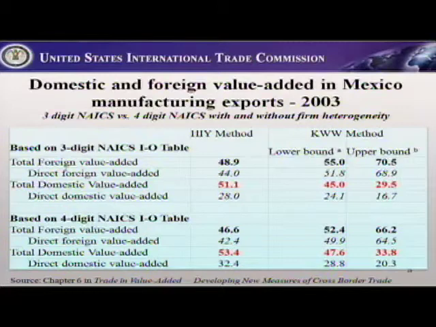However, you see the other one, we call the KWW method. Basically, I was an author with my boss, Bob Koopman, and Professor Shang-Jin Wei at Columbia University. We applied a similar methodology to this example, with some modifications. What you can see is the lower bound is basically 45%, where we only treat Maquiladora exports as processing exports and treat the PITEX as normal exports.